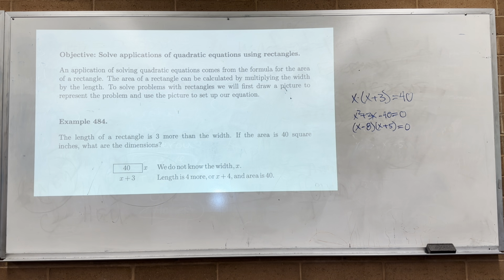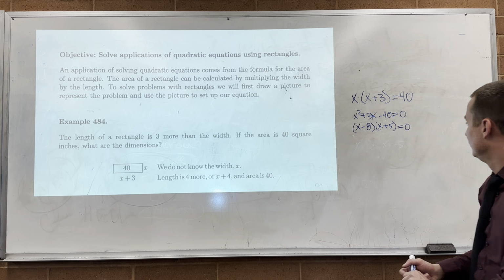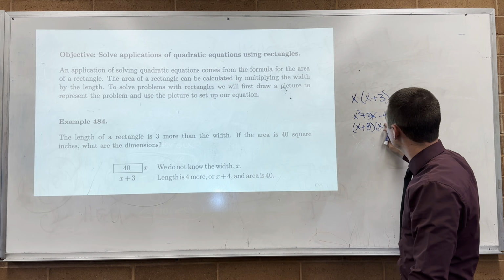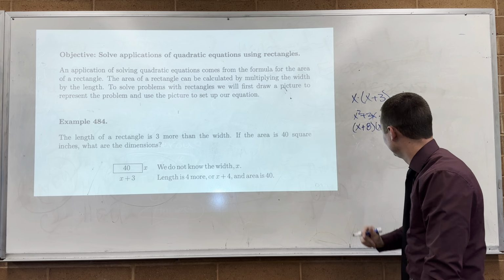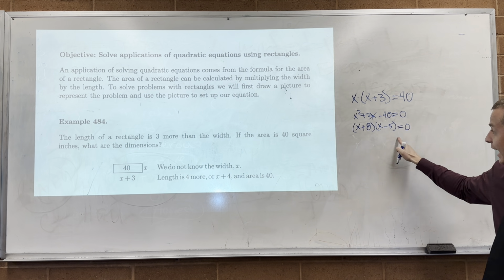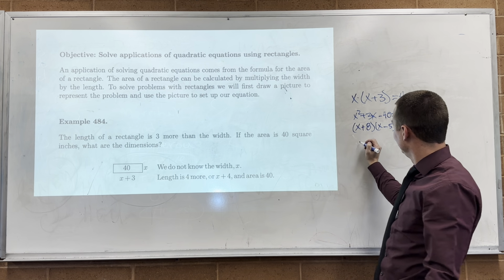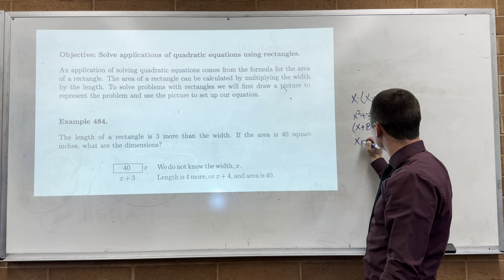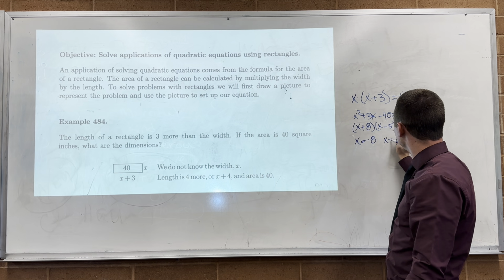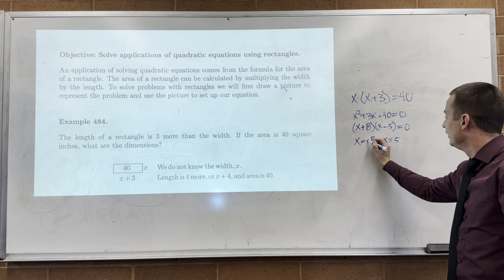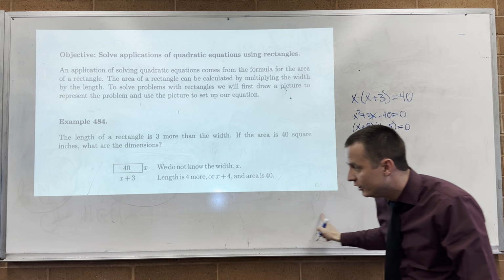Because our answer should be positive 5. Oh, duh. I don't know why I wrote it this way. Our 8 is positive and our 5 is negative. Oh, duh, because they add up to be 3. Okay. So x equal to negative 8 is one answer, and x equal to positive 5 is the other answer. And obviously the answer is positive 5.